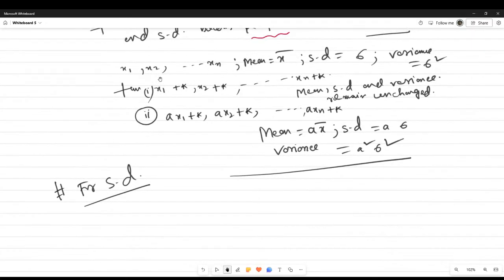That's why I told you, if x1, x2, xn have sigma, by addition or subtraction of something, it won't change. But this one will have a change.